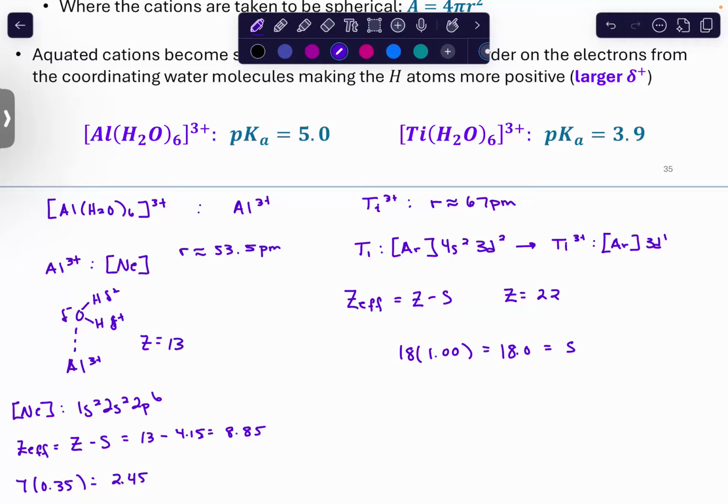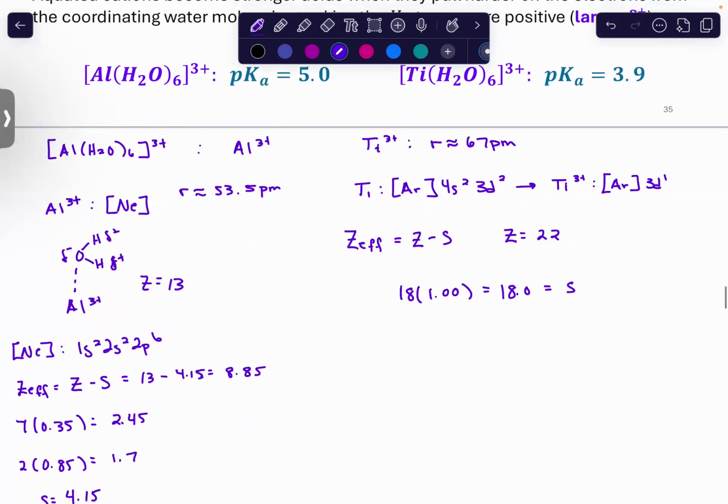It's going to be all of your electrons in N-1, N-2, and then your 3s, 3p. If you go back and review your Pauling rules for this, it helps make sense. So now our Z effective for the titanium is 22 minus 18, which is going to give us 4.0.